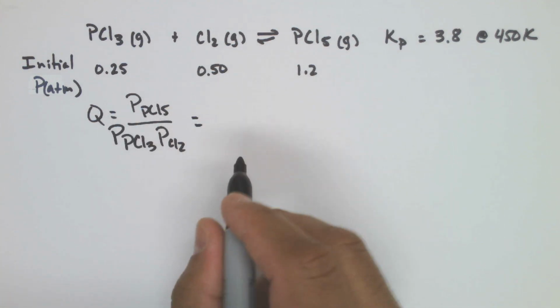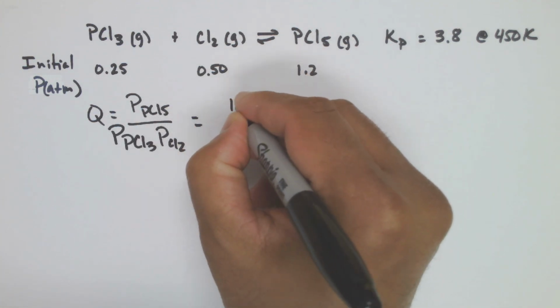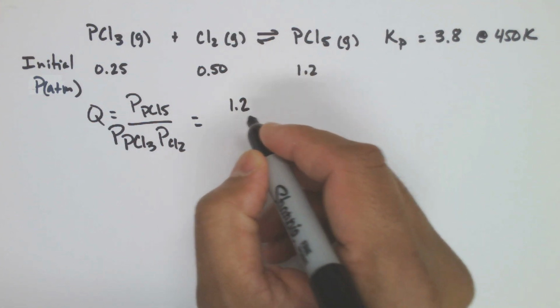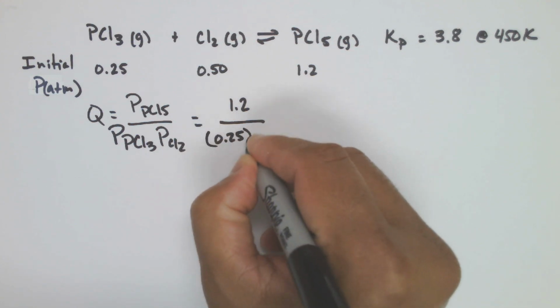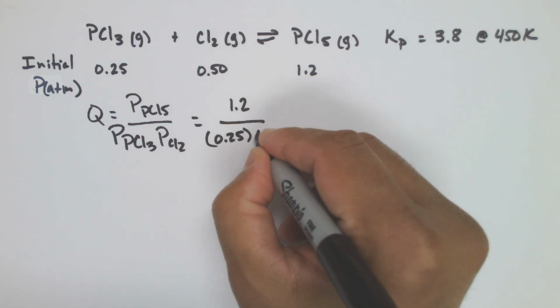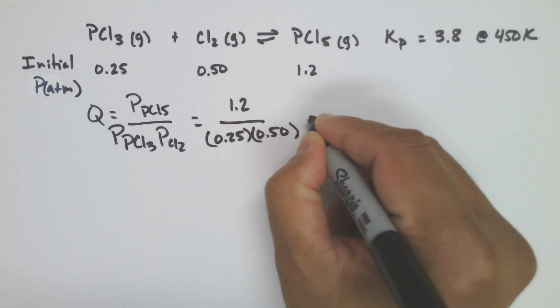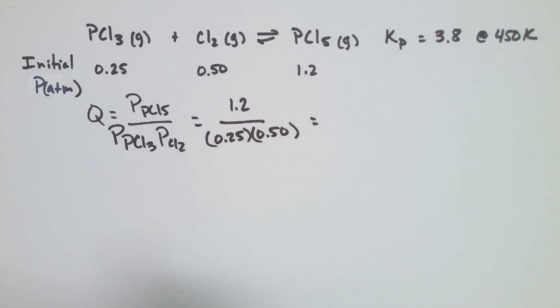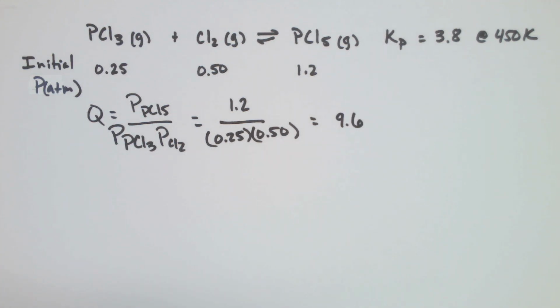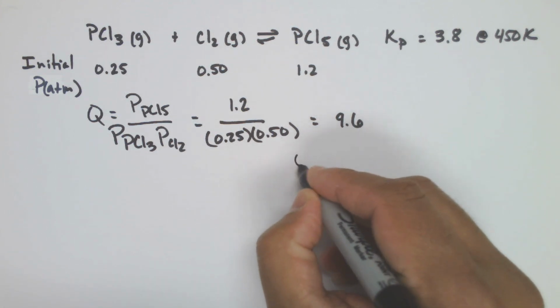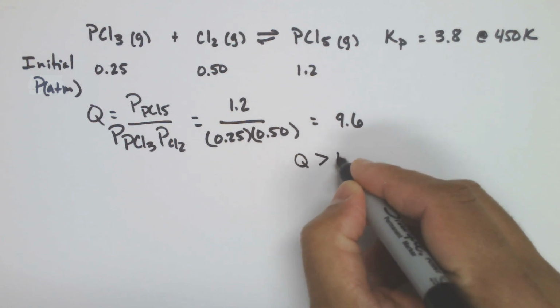And we'll go ahead and plug in our initial partial pressures. 1.2 over 0.25 times the partial pressure of chlorine, 0.50. And when we calculate this, we get a value of 9.6. Interesting here, compared to our last example, Q is greater than K.